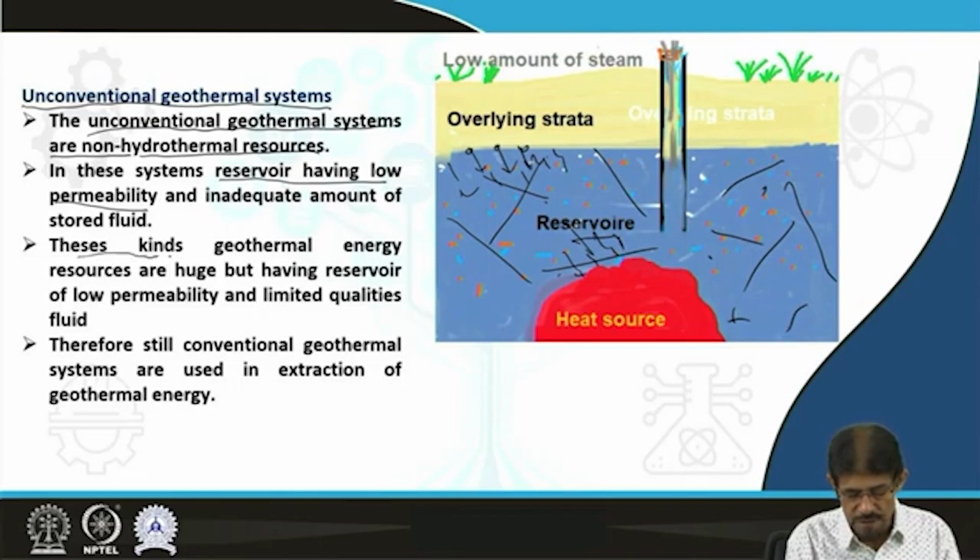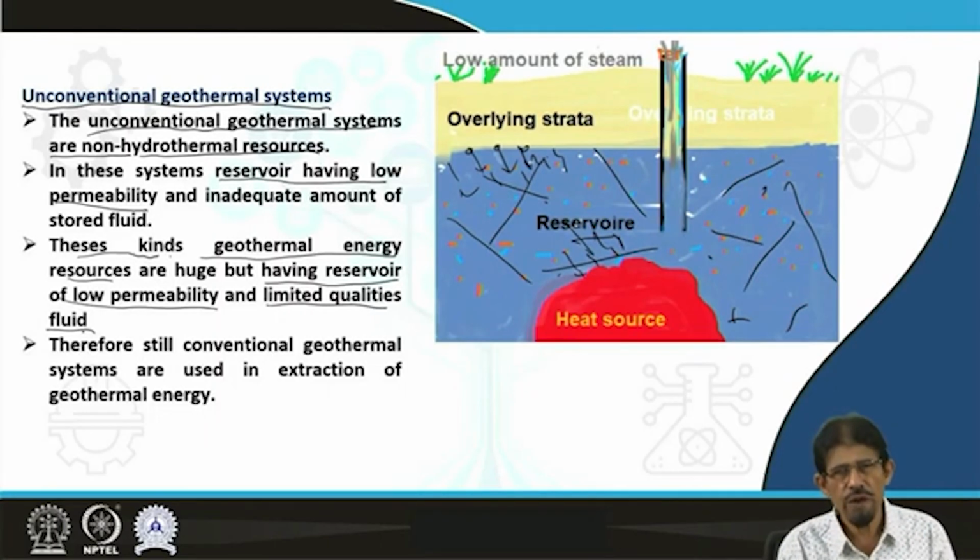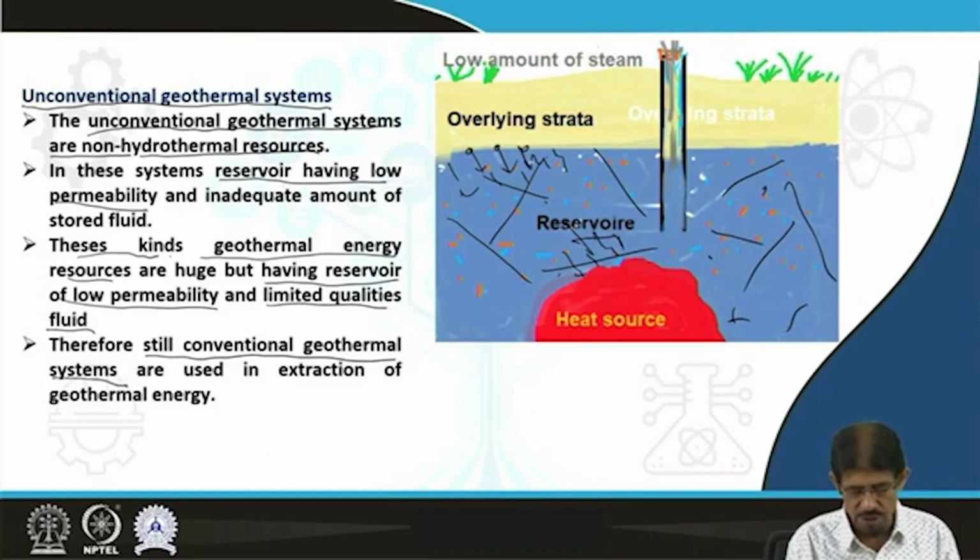These kinds of geothermal energy resources are huge, but have a reservoir of low permeability and a limited quantity of fluid. Therefore, it is very difficult to extract geothermal energy. Therefore, conventional geothermal systems are still used in the extraction of geothermal energy.